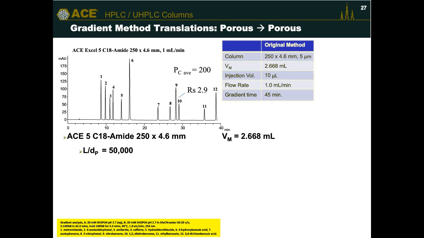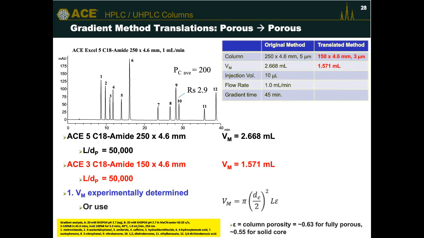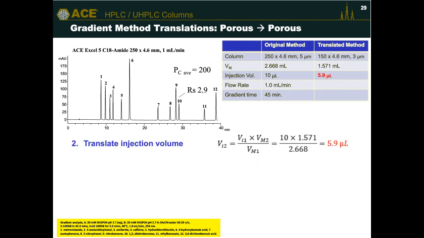So we know our column volume, and we're going to move to a shorter column from the 250 to the 150 millimeter length, and we're going to move from a 5 micron to a 3 micron particle size. We've experimentally derived the column volumes as shown here, and we're using that to translate our injection volume, just like we did for isocratic methods.